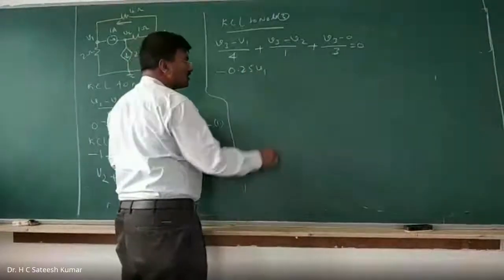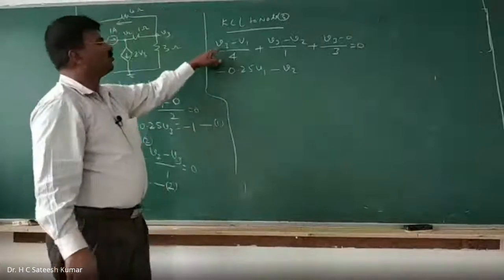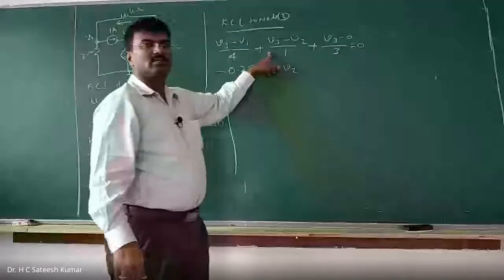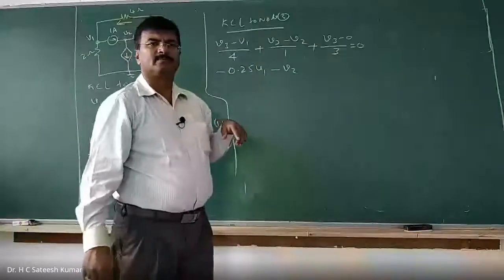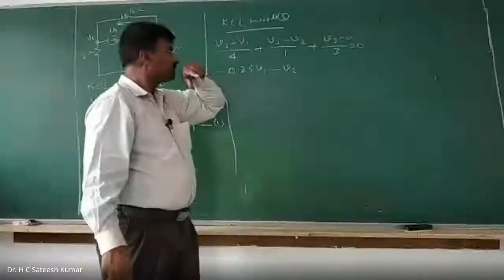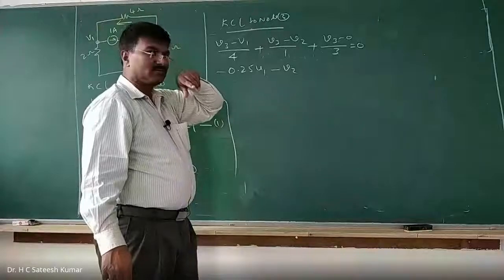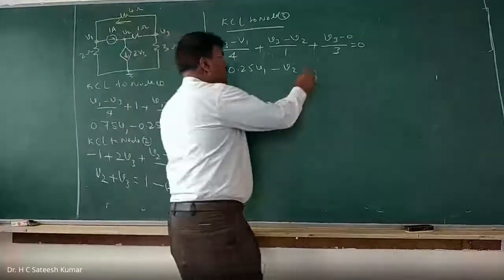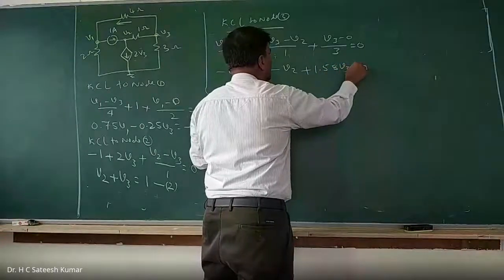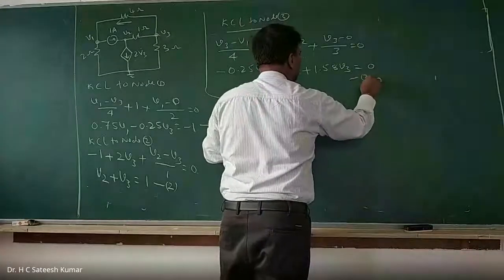What about V2? Minus V2. V3 coefficients 1 by 4 plus 1 by 3 plus 1. How much is that? 1 by 4 is 0.25, 1 by 3 is 0.33, so 1.58 V3 is equal to 0. Call this as equation number 3.